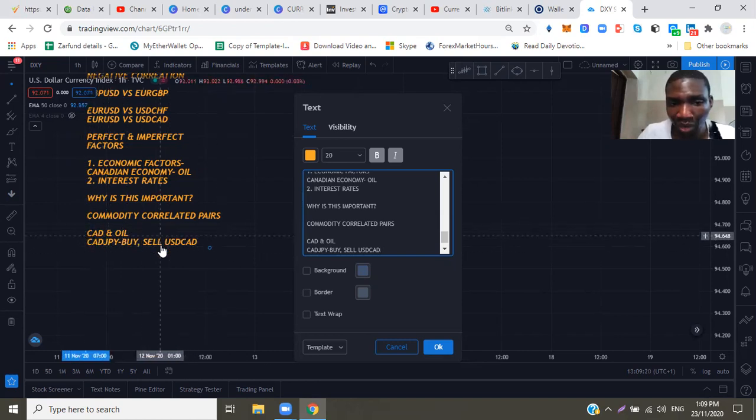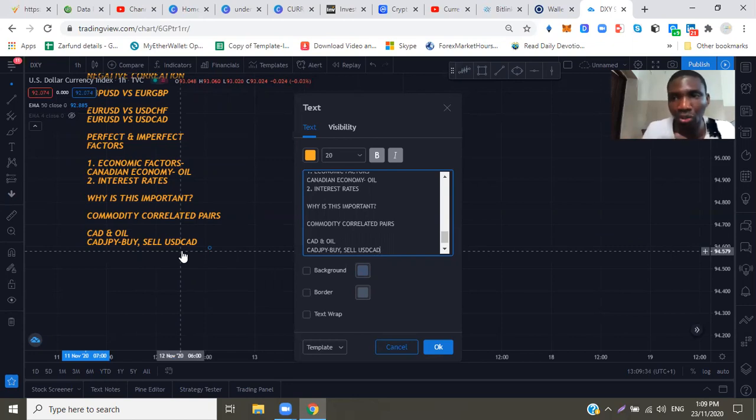And this will have a negative correlation with oil because the USD and commodities are actually fighting each other. The USD is always fighting commodities, not just oil, but gold, silver. They are always in a negative relationship with the US dollar. The US dollar has a negative relationship with commodities generally. Okay, so that's very important.